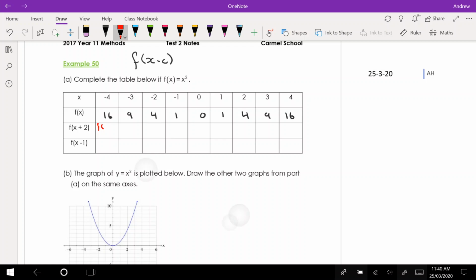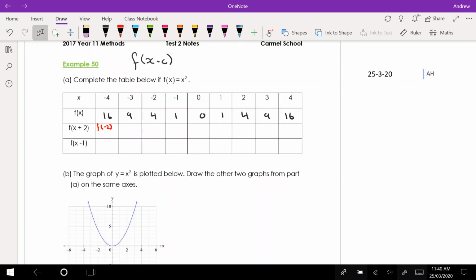So it's now f of negative 2, which is 4. This is going to be f of negative 1, which is 1. This is going to be f of 0, which is 0. And then you're going to get that this is f of 1, which is 1. And then I'm just going to fill out the rest of them because we can get an idea of where this is all going.